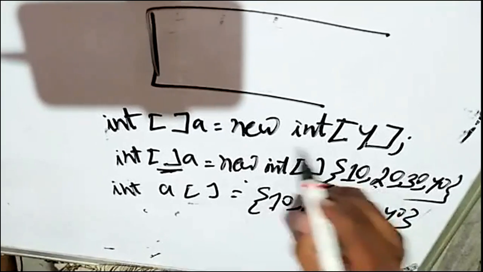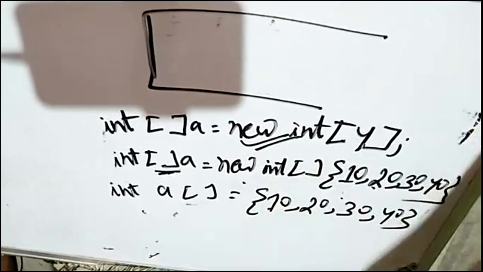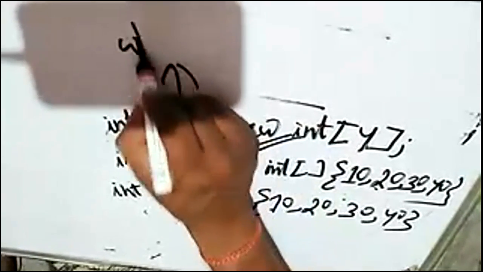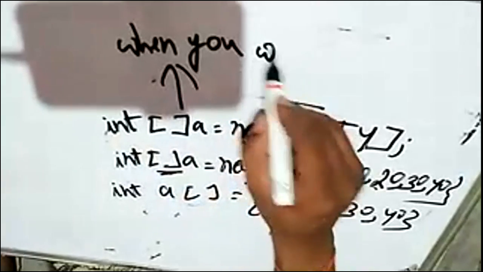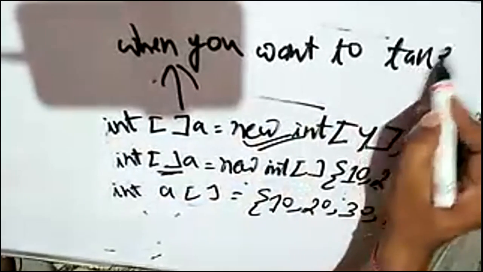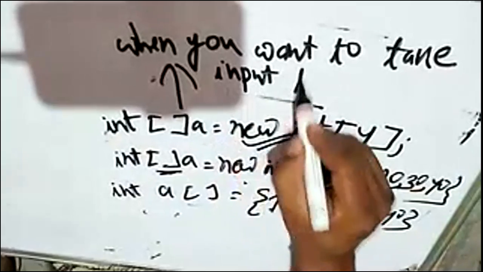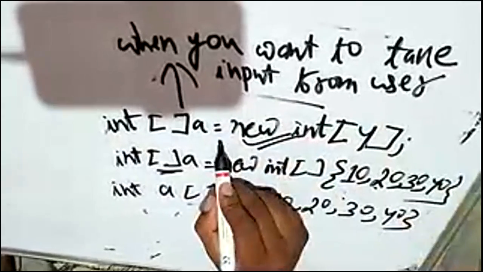But basically, this declaration is used when you want to take input from the user.